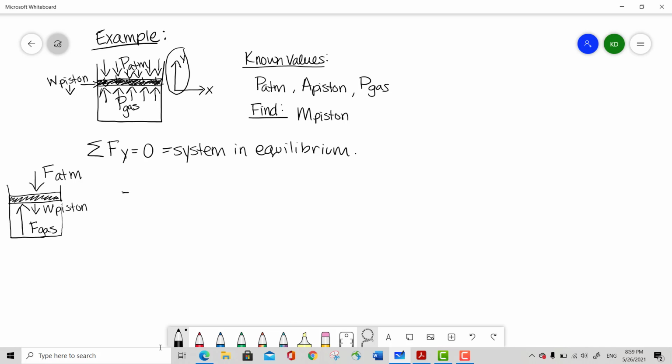So we're going to do negative the force of the atmospheric pressure, and then negative the weight, and then positive the force of the gas because it's going up. Equals 0.